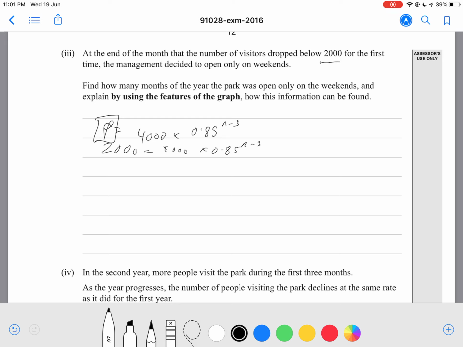So we move the 4,000 to the other side. Then 0.5 is equal to 0.85 to the power of n minus 3. I don't know how to do this without using logs.